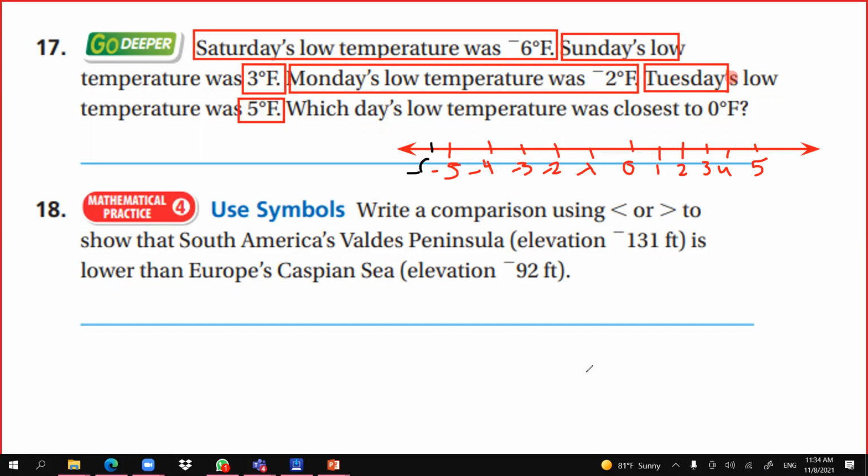Here. So here, what do we have to write? Saturday. Which is for Saturday? Sunday. It's 3. Sunday's low temperature was 3. So here is Sunday.